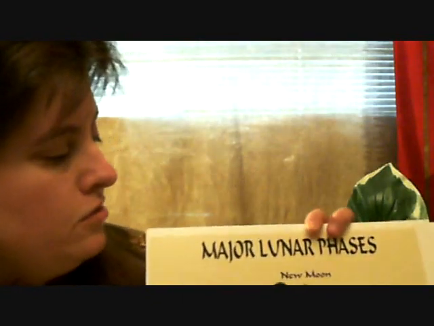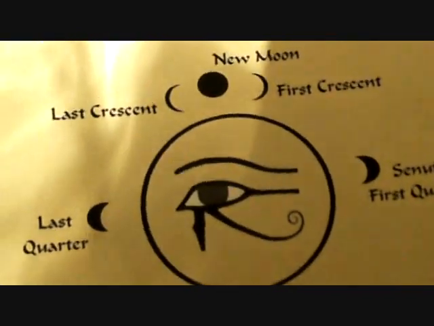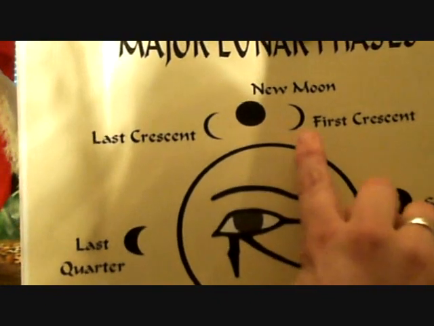Interestingly, the Egyptian lunar month began with the new moon, not as it does in, I believe, Judaism and Islam, where the first visible crescent starts the new month. With the Egyptians, it would be the new moon proper. And the lunar cycle represented the cycle of the Eye of Horus.